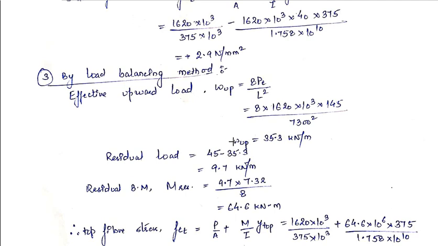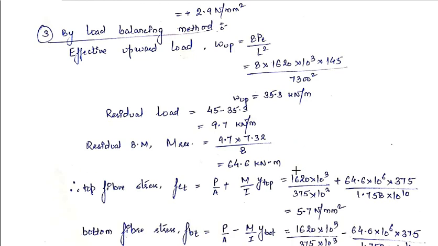So this upward load will nullify some of the downward load. So 45 minus 35.3, so 35.3 will be nullified and the remaining will be the residual load. So the residual load will be 45 minus 35.3, that is 9.7 kilonewton per meter.